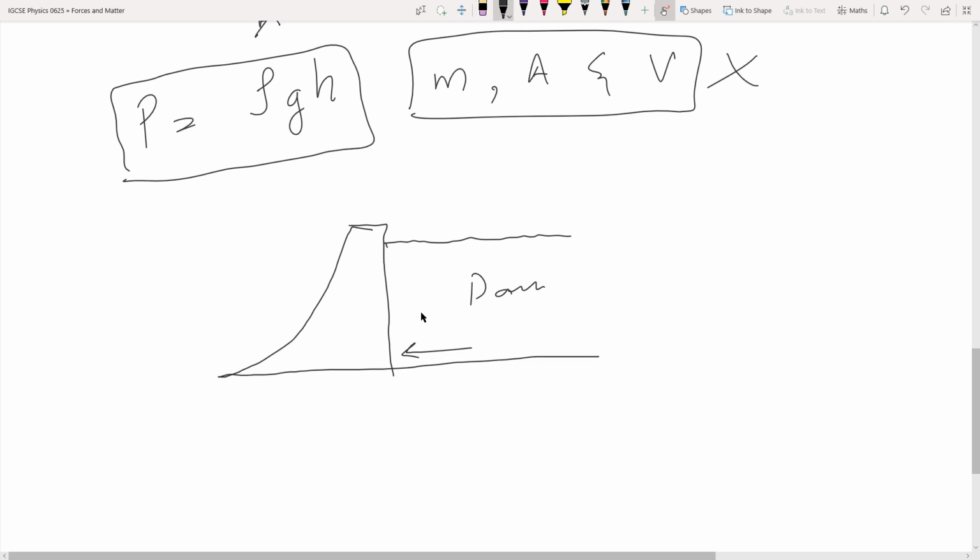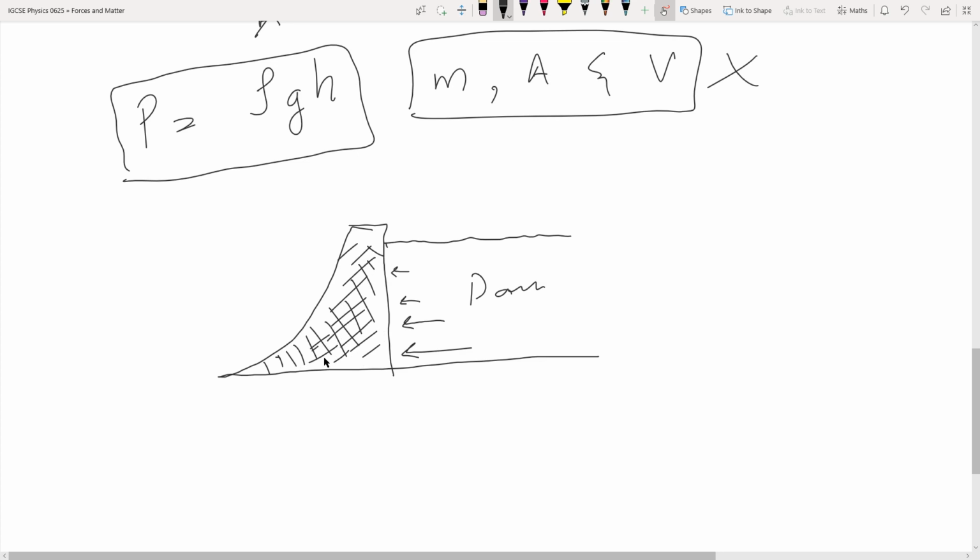I'm going to represent the magnitude using the length of these vectors. So you will understand the greater the height, the greater the pressure is going to be. So the bottom is going to face the most pressure by the water. So hence these dams are created with large areas at the bottom and lesser area on the top.